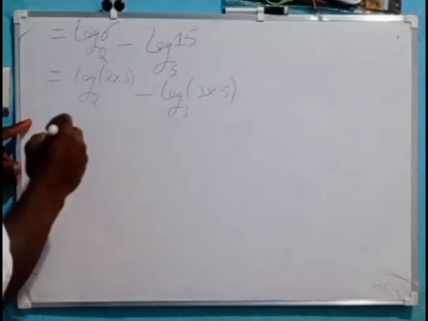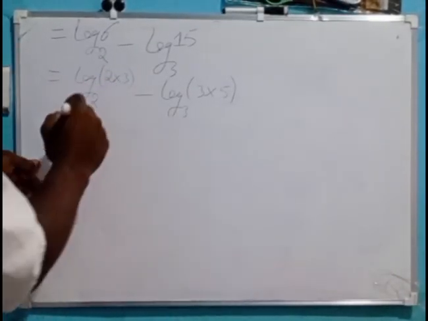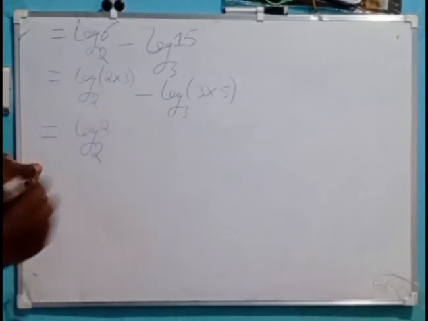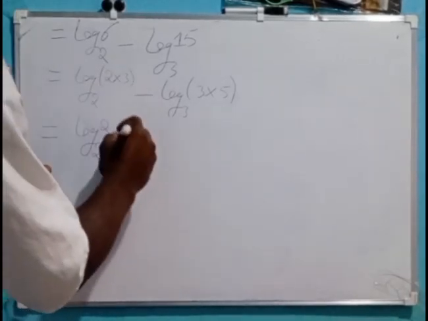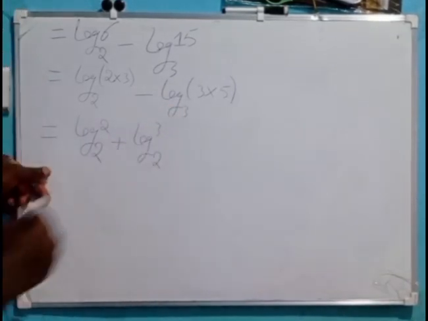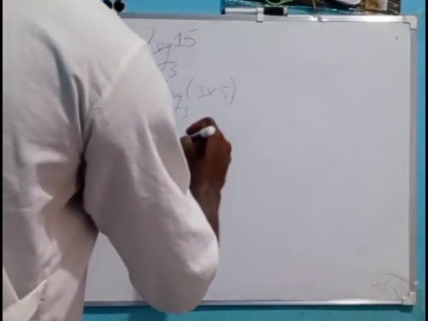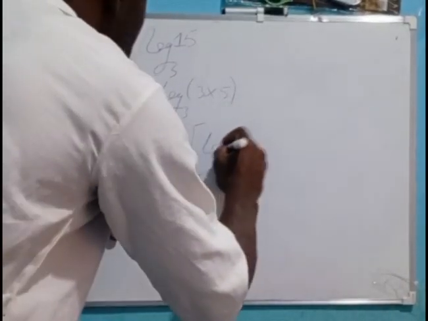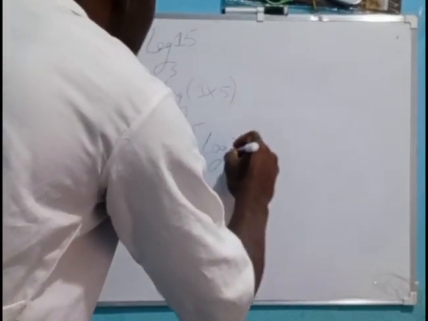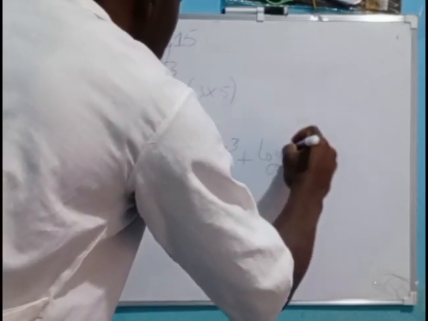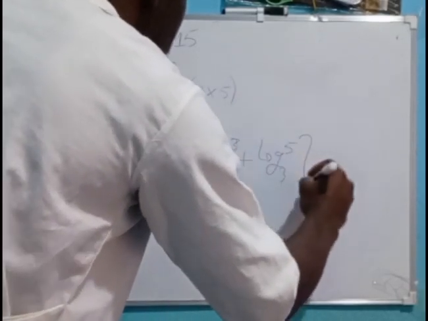This will give us the log of 2 base 2 plus the log of 3 base 2, minus, we are going to put this in bracket, the log of 3 base 3 plus the log of 5 base 3.